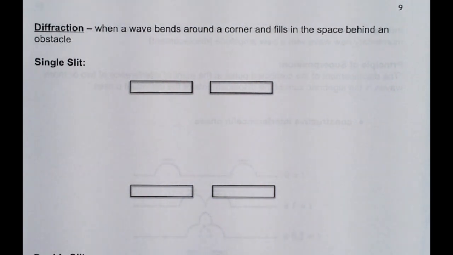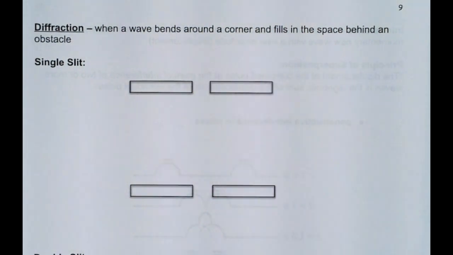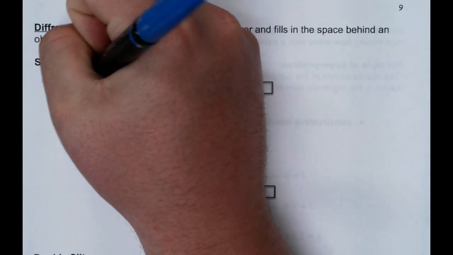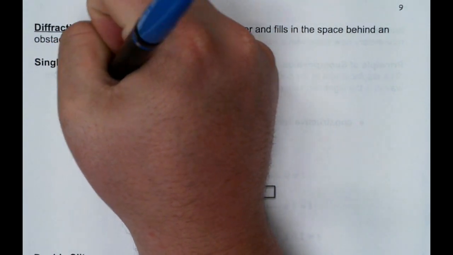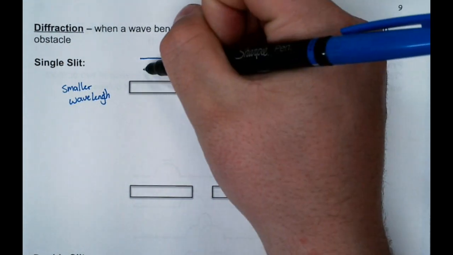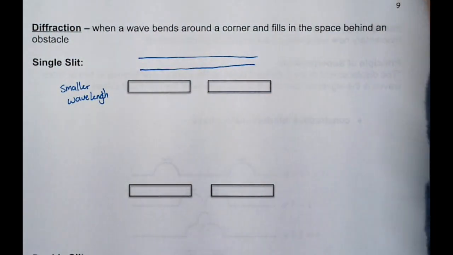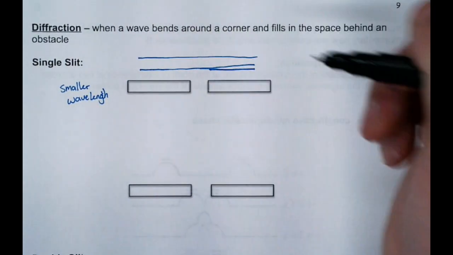If we have a wall with a little slit or space in it, and something with a smaller wavelength, that wave is going to be coming straight for that slit. As it hits it, the wave is diffracted.